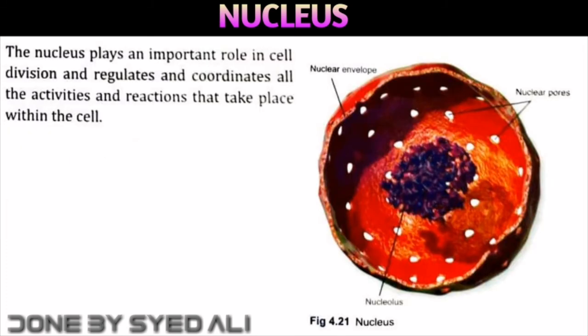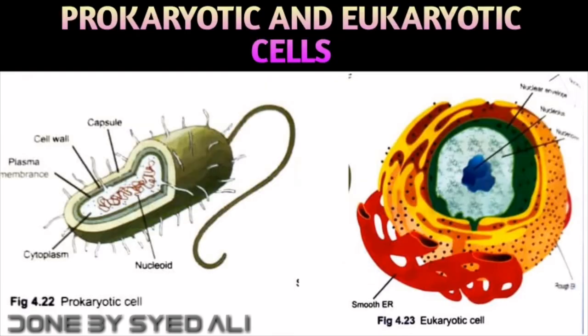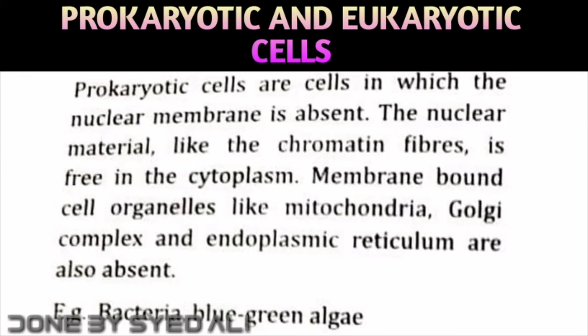The nucleus plays an important role in cell division and regulates and coordinates all the activities and reactions that take place within the cell. Next, prokaryotes and eukaryotes. Prokaryotic cells are cells in which the nuclear membrane is absent.